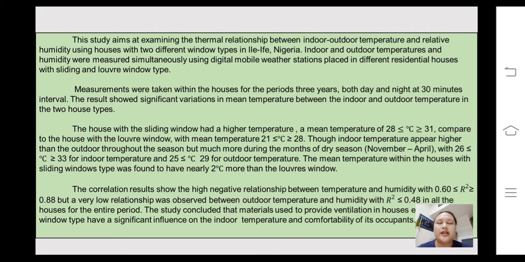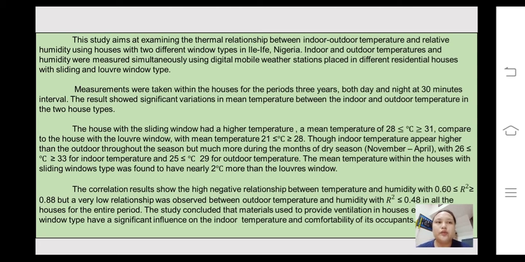The indoor temperature appeared higher than the outdoor throughout the season, but much more during the dry season, November until April, with 26 to 33 degrees Celsius for indoor temperature, and 25 to 29 degrees Celsius for outdoor temperature.